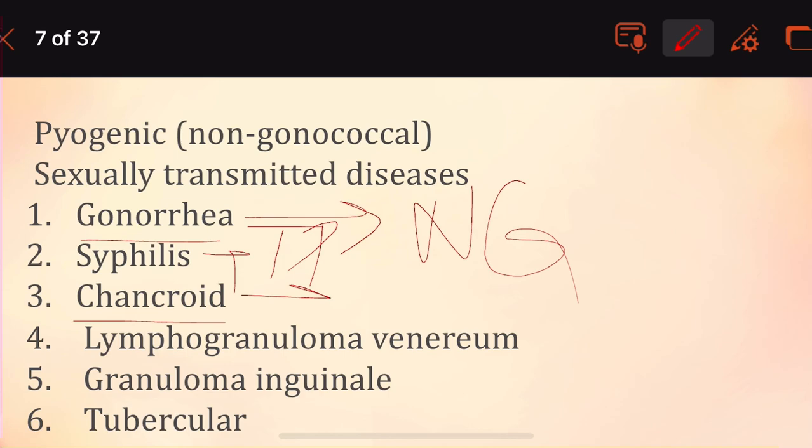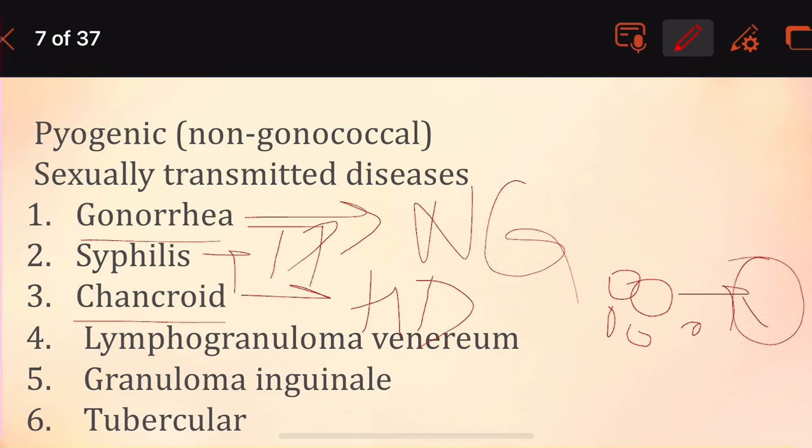The causative organism here is Haemophilus ducreyi. What happens in chancroid? The lesion will start as multiple vesicopustules on the vulva, vagina, and the cervix, and then these will slough off to form an ulcer. This occurs in chancroid.